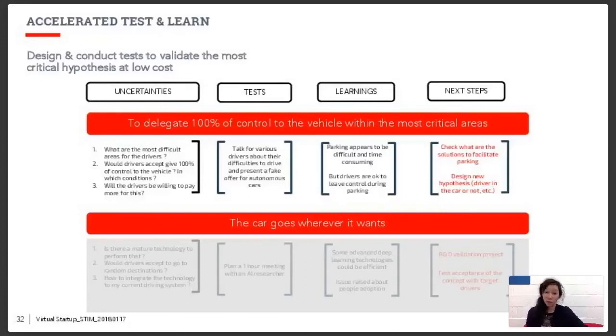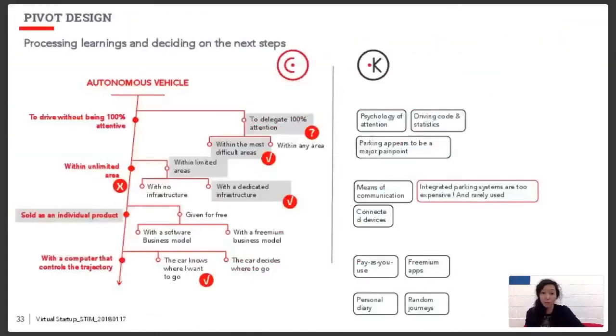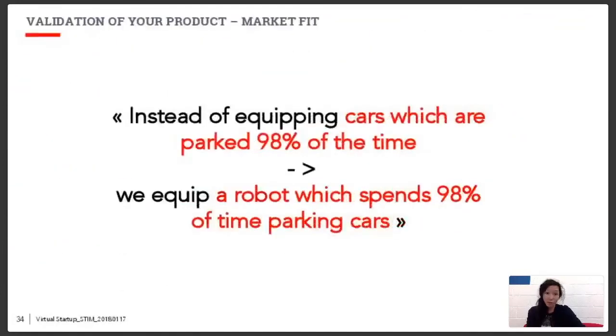So for instance, imagine you did this test, and you identify that autonomous solutions exist, and pretty much they're really expensive today. So basically, integrated parking systems are too complex and are really rarely used. So for instance, your learning is, yes, solutions exist today, but few cars have this, because your car will be parked 90% of the time, and the solution to do parking is rarely used.